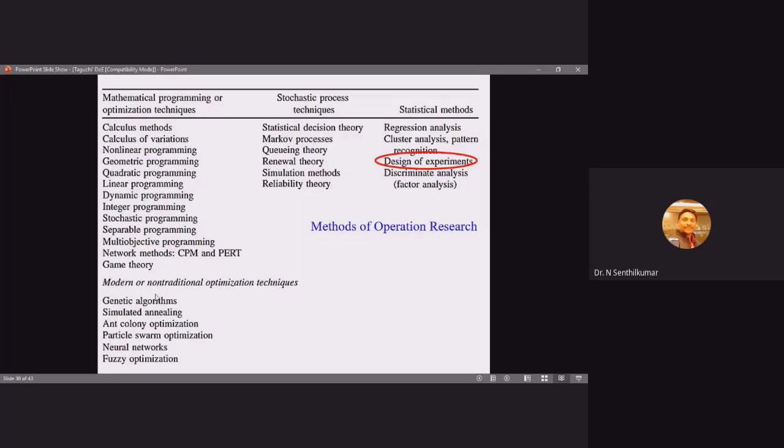Modern or non-traditional: genetic algorithms, simulated annealing, ant colony, particle swarm, neural network, fuzzy. And in the statistical methods, you can come across this design of experiments. This is where we are interested. In design of experiments, we are going to include this statistical method, so it is going to be framed under that.